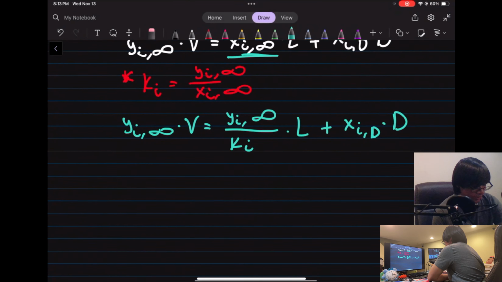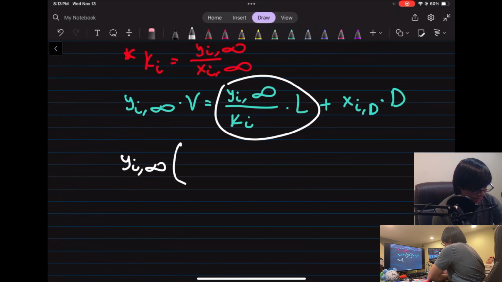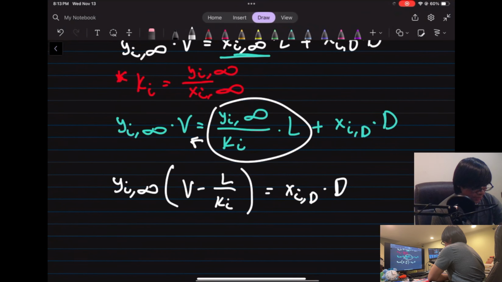So that'll be important later. That being the case, we can factor out this yi here. And then if we move this over to the left-hand side, we have V minus L over Ki, and this equals our distillate, which is positive. I think in the bottoms for our stripping, this is actually negative, since our balance is different.